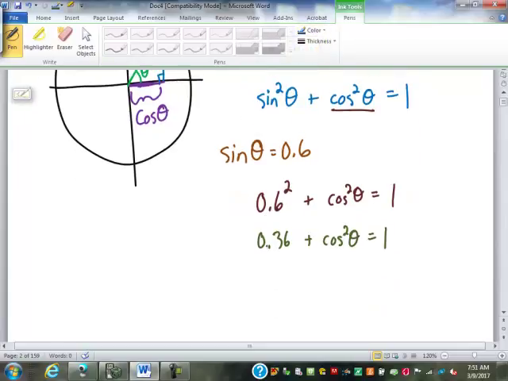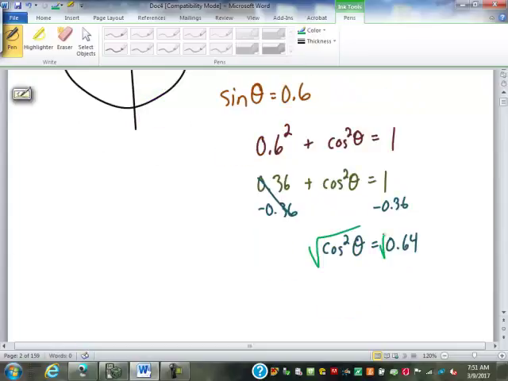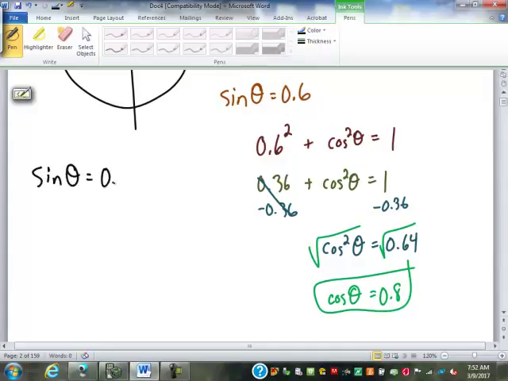Now solving for the cosine, subtract the 0.36. Cosine squared of that angle is 0.64. And now we just have to square root. So the square root of cosine squared is just cosine of the angle. Square root of 0.64 is 0.8. So the sine of this angle is 0.6. The cosine from that relationship has to be 0.8.